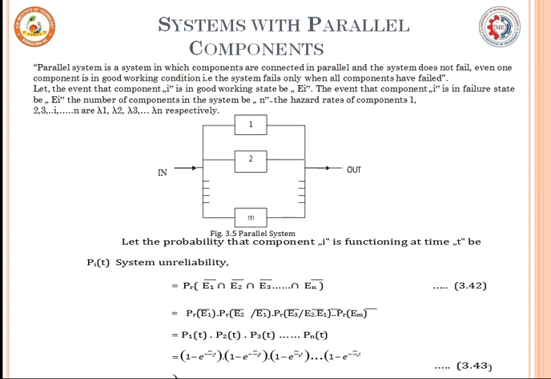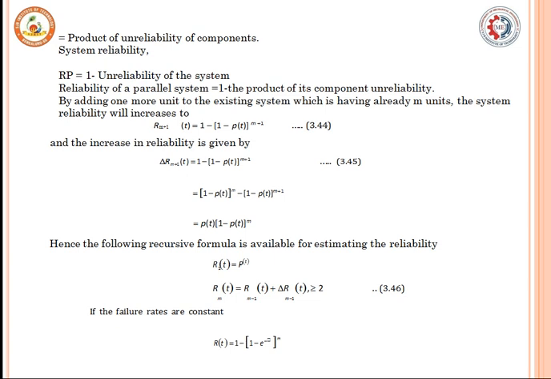Combining all the components which are working, you'll be able to consider it as a function and find it with respect to the expression. The failure rate can also be calculated with an expression. So the reliability of the system in the parallel connection you will be able to calculate.